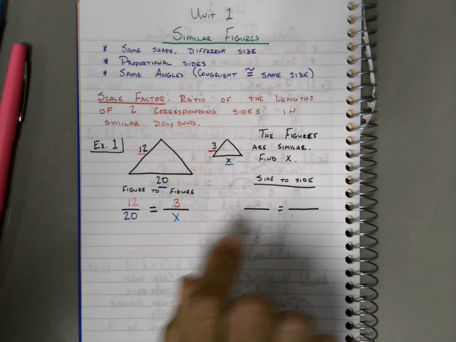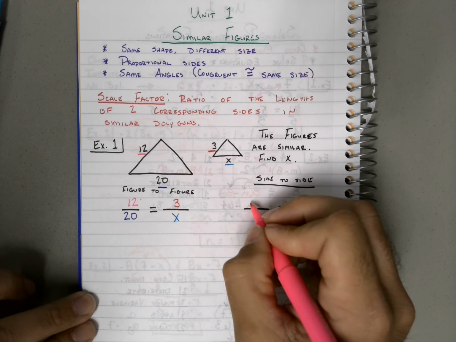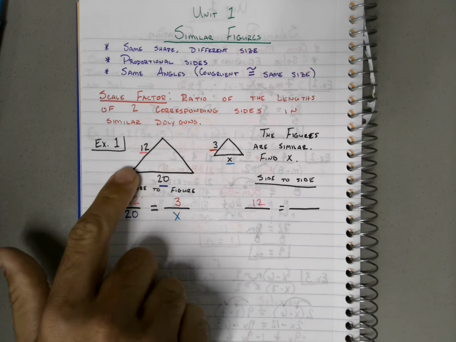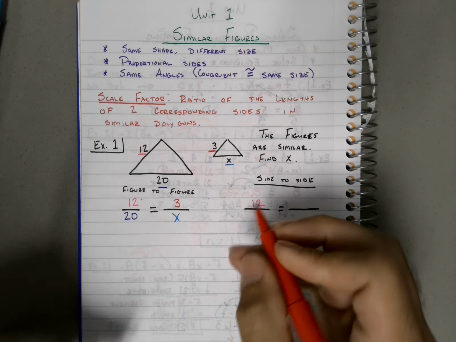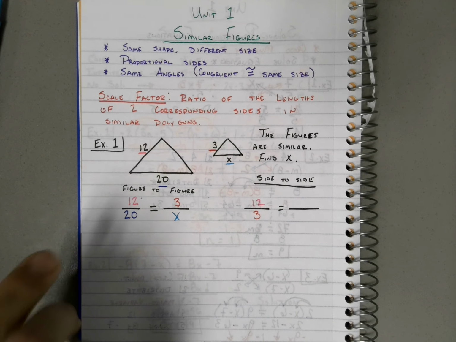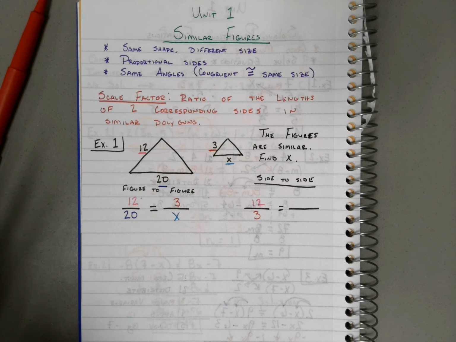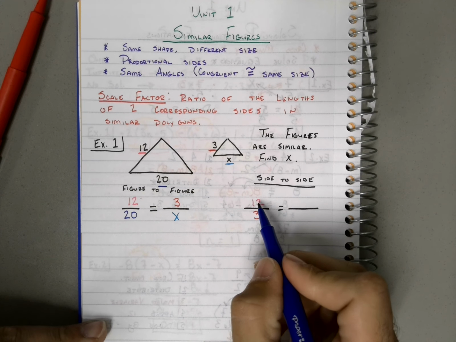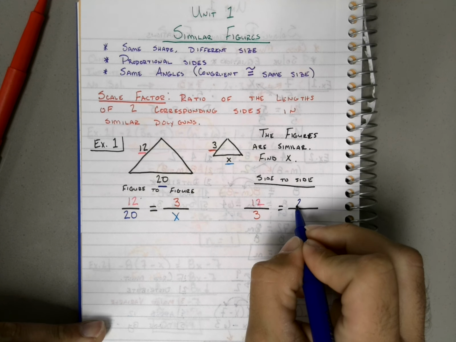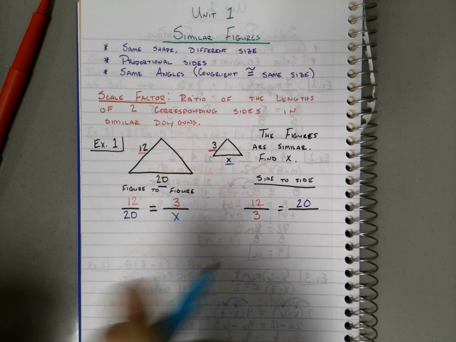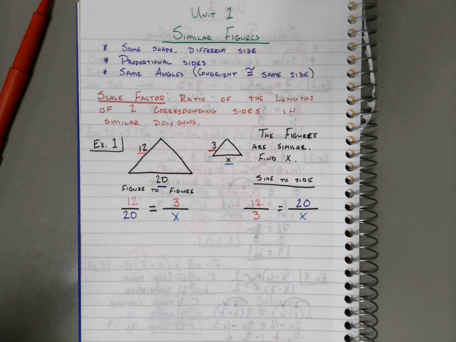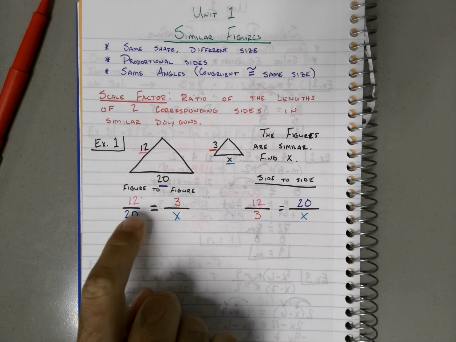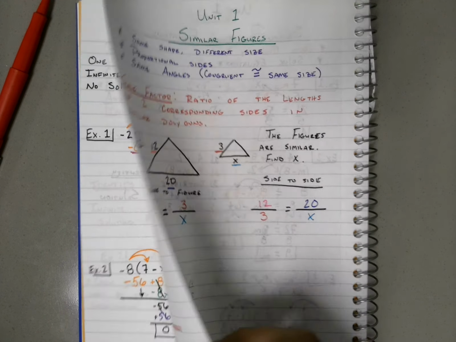So if I set up side to side, I'm going to have 12. What's the corresponding side to 12? It's 3 equals. Now, if I started with this figure on top here, I must do the same here. 20 over x. Now, this looks just like our proportional notes.